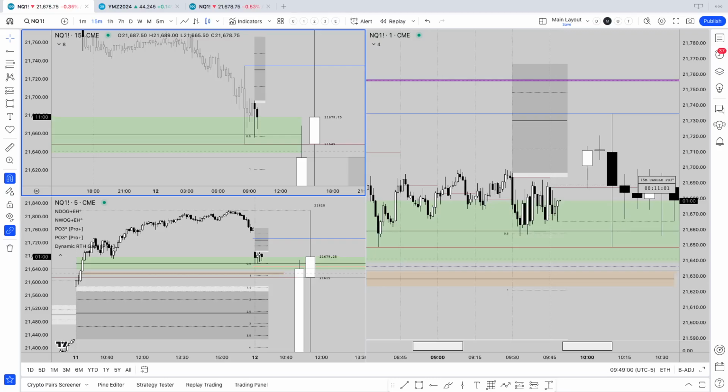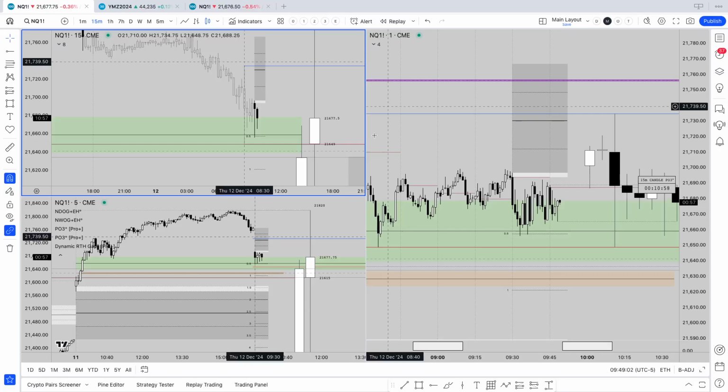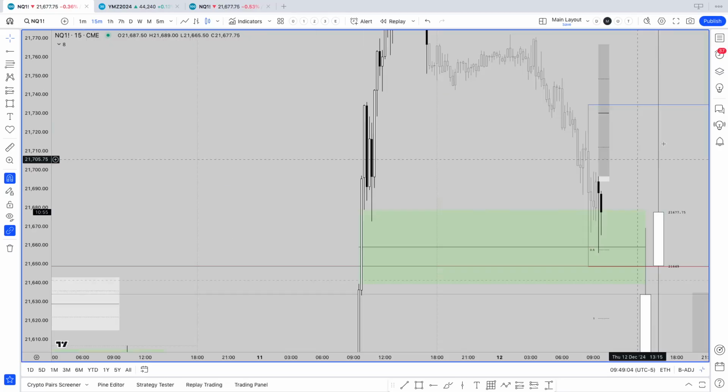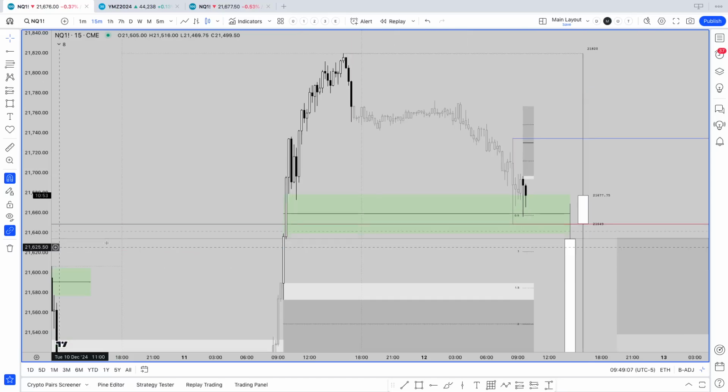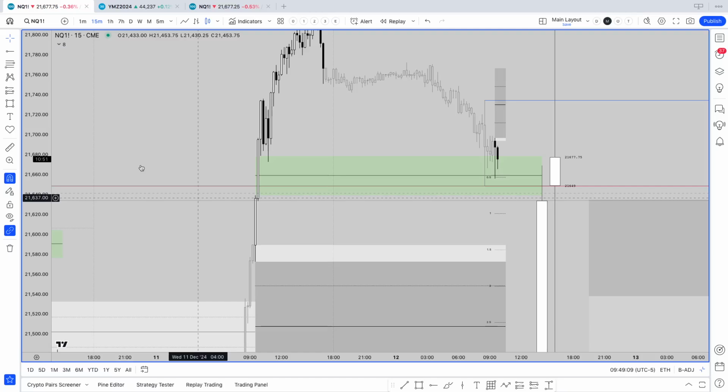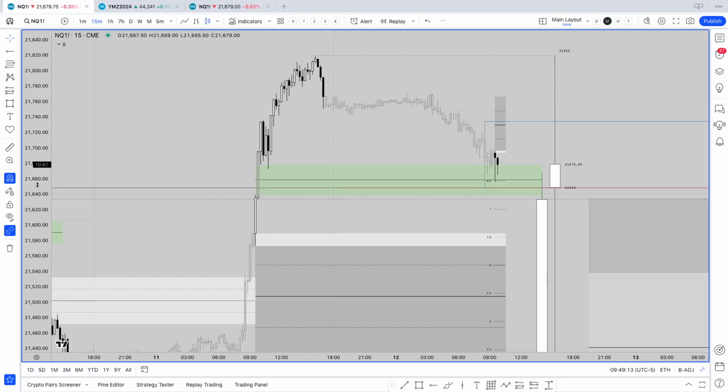Discount from the previous daily range. That's important. You have to understand that you have different discounts. You have discount from the weekly range, discount from the actual opening.